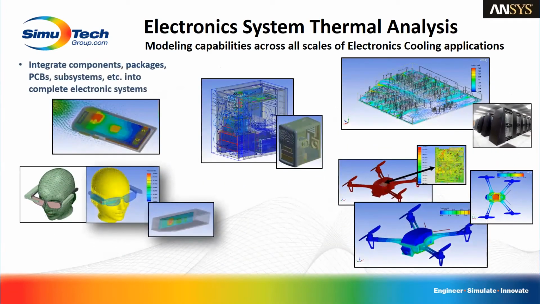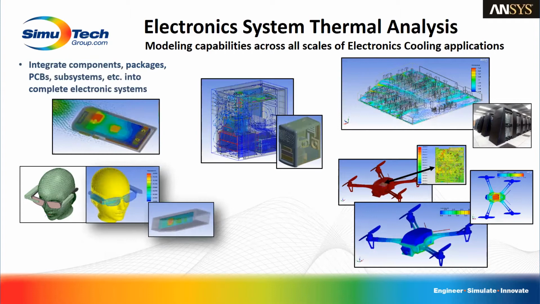And just, from an overall standpoint, again, I mentioned the modeling capability across all scales of electronics cooling applications. So we're not limited to just doing boards with components. That means we can do, yes, boards with components, but we can also do the enclosures around them, and they don't have to be standard enclosures. You see a smartphone in the upper left.